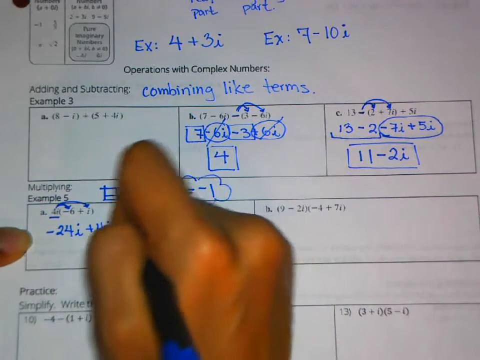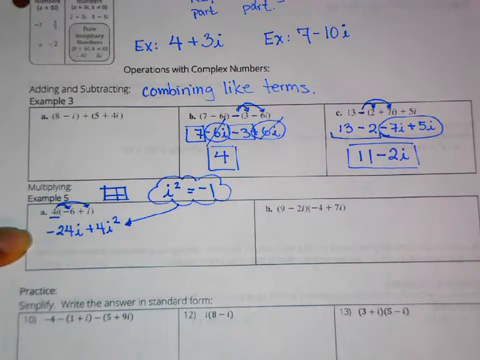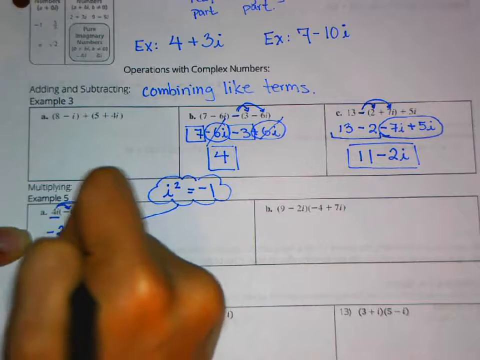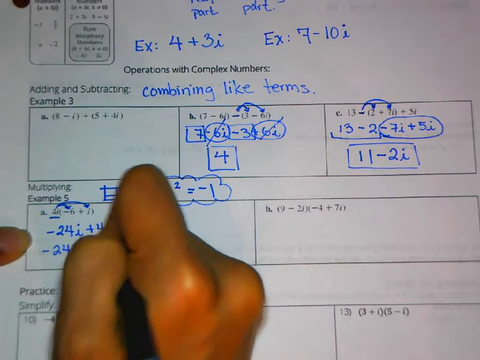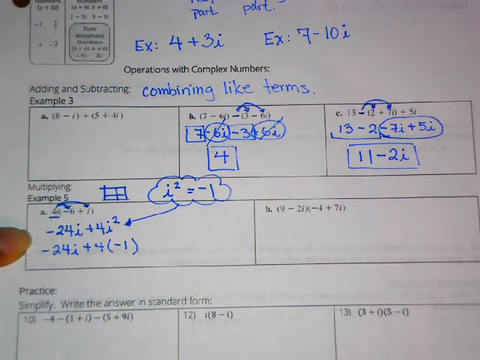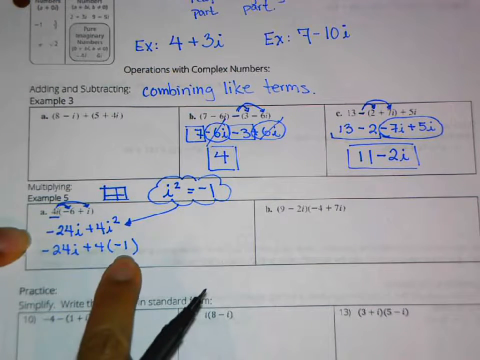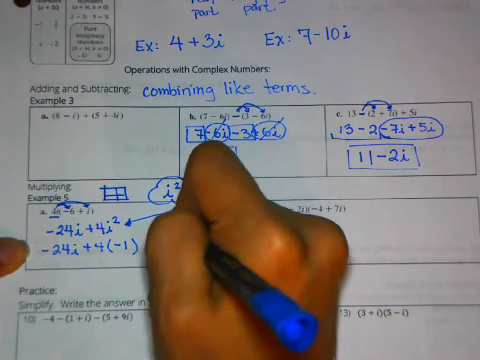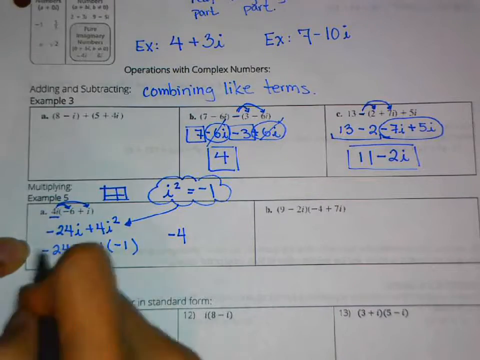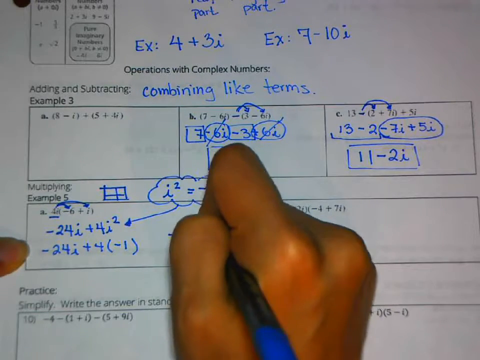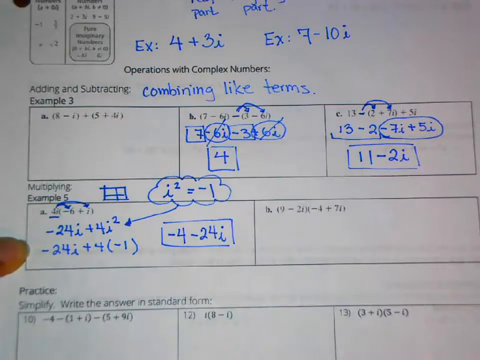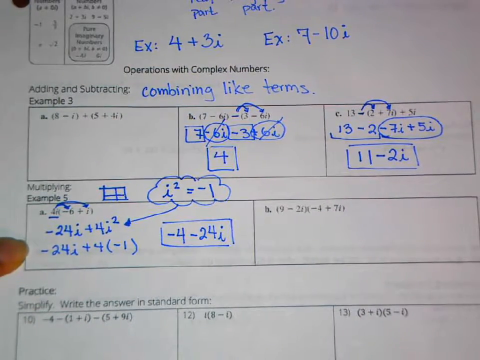I'm now going to take that and replace i squared. So I get negative 24i plus 4 times negative 1. And 4 times negative 1 is negative 4. And because I want my answer in standard form, I know that negative 4 comes first, and then minus 24i comes second. That is my final answer when I multiply.